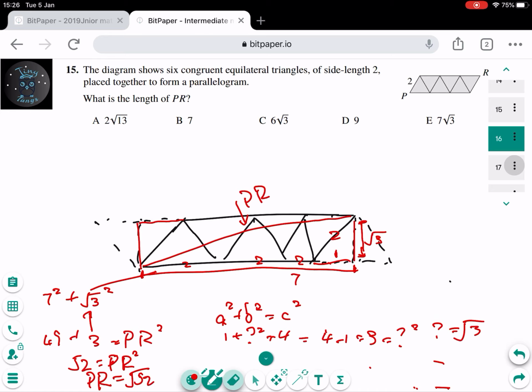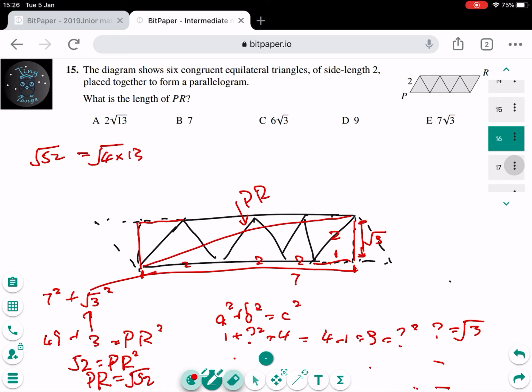But as you can see, there isn't the square root of 52 in our options. So we'll have to simplify the square root of 52. How we simplify this is we look for square numbers that are in the square root. So for example, 52 can be separated as the square root of 4 times 13.